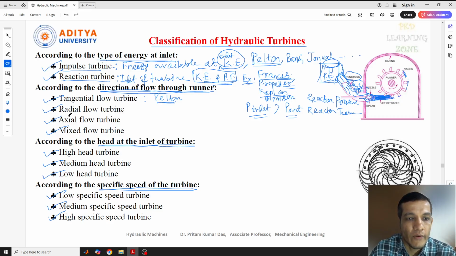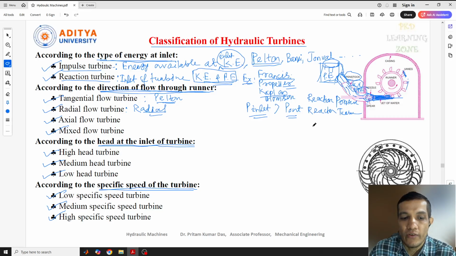Similarly, the radial flow turbine. In a radial flow turbine, the water flows along the radial direction. Obviously, this is the tangential direction and here it will be the radial direction. The flow will be in the radial direction and it remains, partially or substantially, in the plane normal to the axis of rotation.